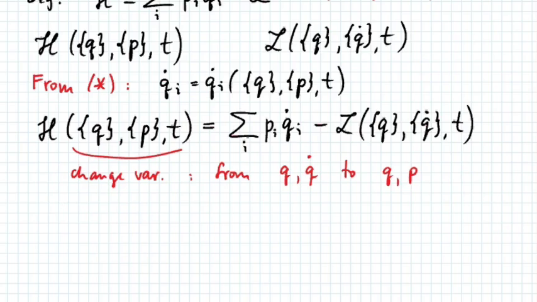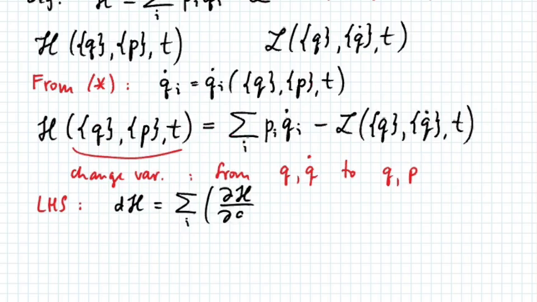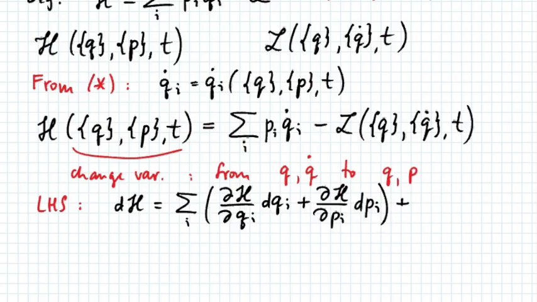So left hand side gives us full differential of Hamiltonian, and here we have a sum, partial derivative of Hamiltonian with respect to q sub I times full differential of q sub I plus partial derivative of Hamiltonian with respect to momentum p sub I times full differential of momentum sub I, and plus partial derivative of Hamiltonian with respect to time if there's any explicit dependence of Hamiltonian on time, times full differential dt. So this is the left hand side.